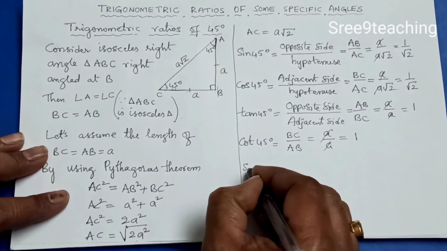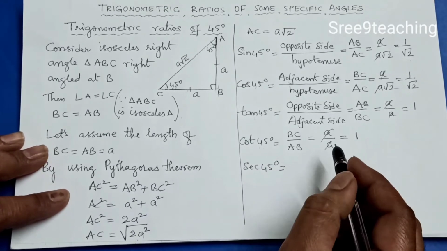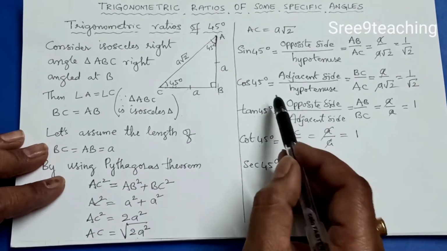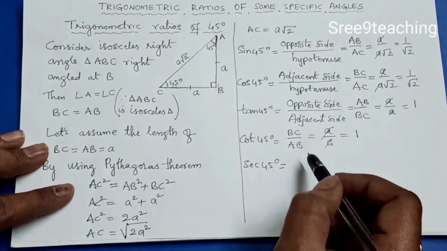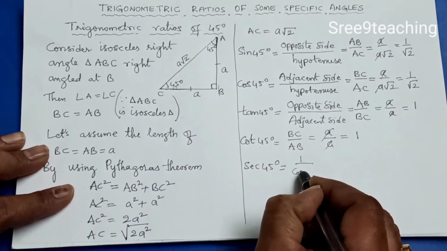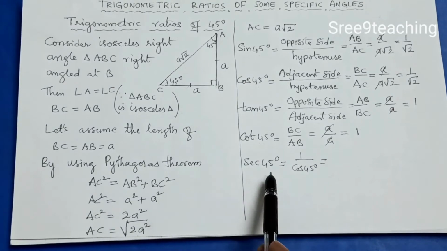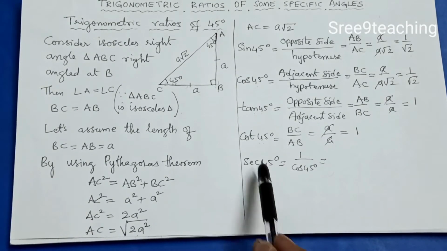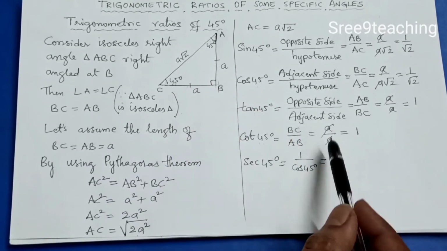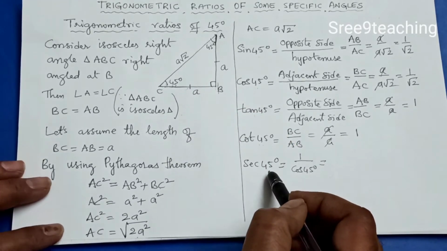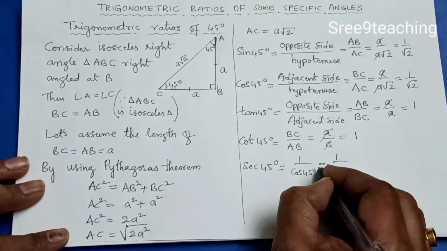Now let us write sec, that is secant 45 degrees, and secant 45 degrees is the reciprocal of cos 45 degrees. Directly you can get it from the figure: sec theta is equal to hypotenuse by adjacent side. Or otherwise I am writing simply sec 45 degrees is the reciprocal of cos 45 degrees, that is 1 by cos 45 degrees.